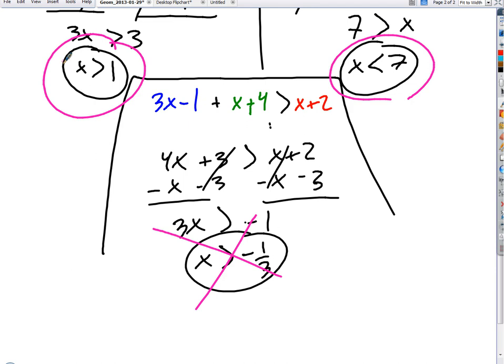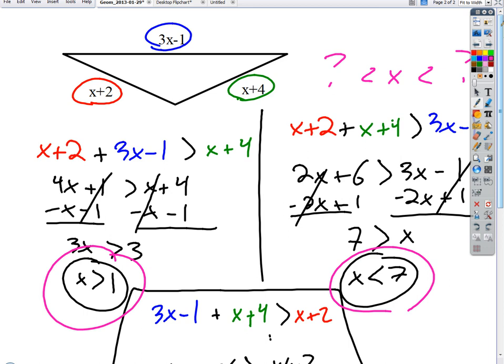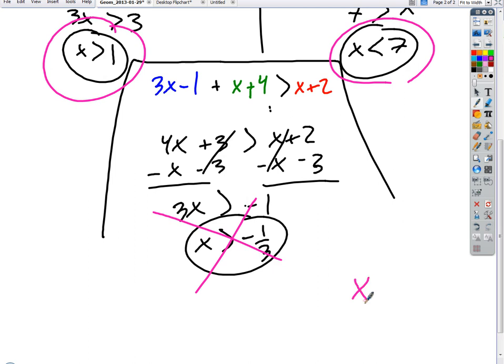So if I write those in the form that we want them, x is greater than some lower value and less than some upper value, doesn't that just look like x is greater than 1 and less than 7? So that gives us the range of values that x could be, right? Anything between 1 and 7 would work. Anything else would not work. Okay? Make sense? Yeah. Okay.